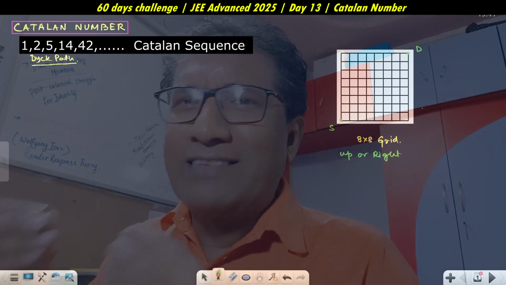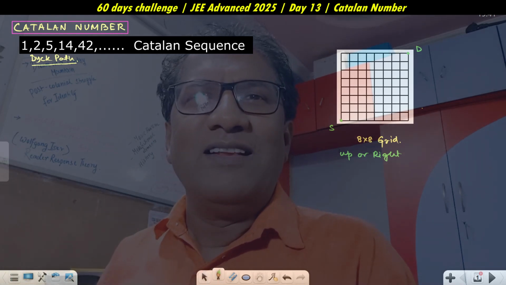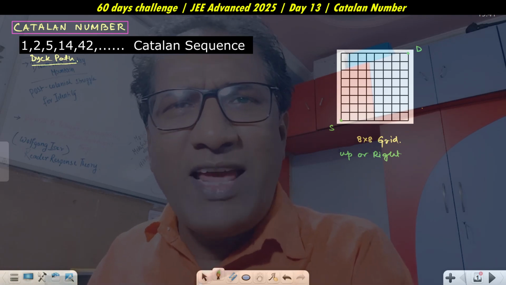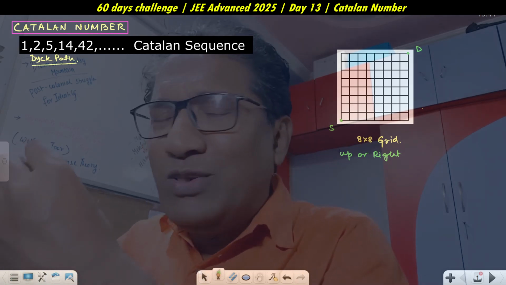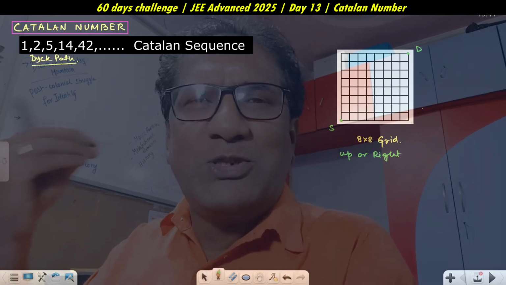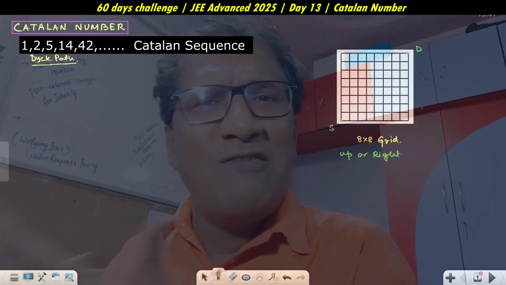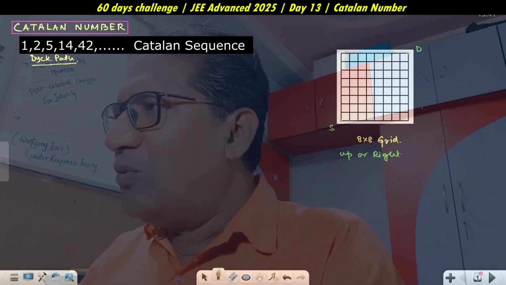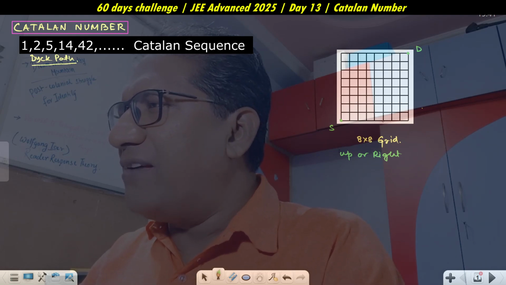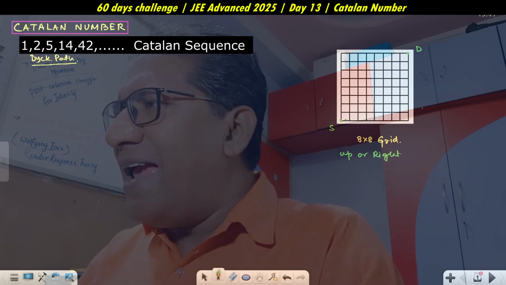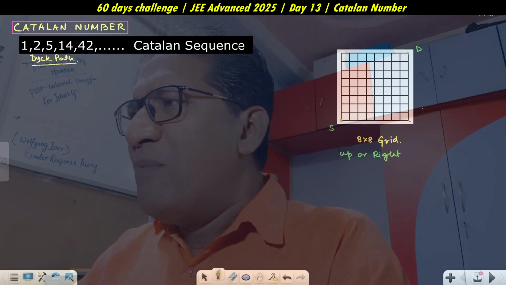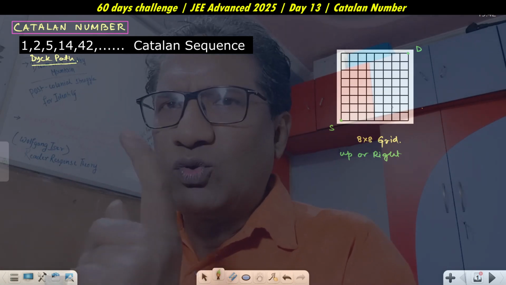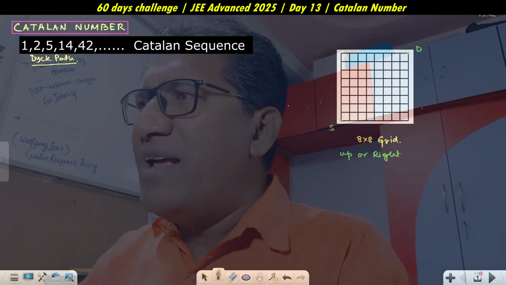Now you people are thinking, sir, this problem we have already done in combinatorics. How is this problem related to the Catalan number? This we have already done. We know that there are 1, 2, 3, 4, 5, 6, 7, 8. There are 8 right movements and there are 8 up movements. So in total there are 16 movements.